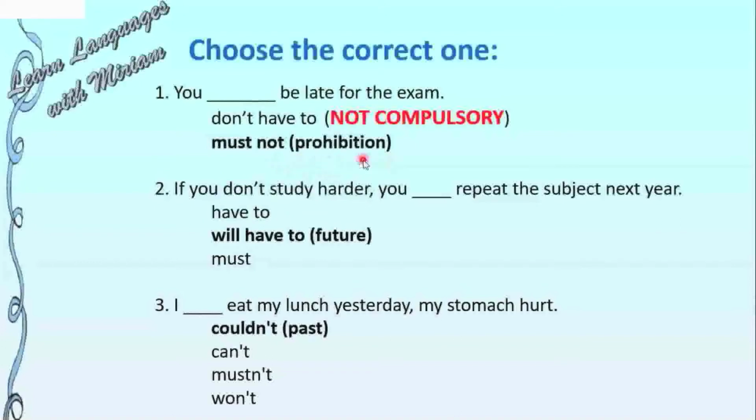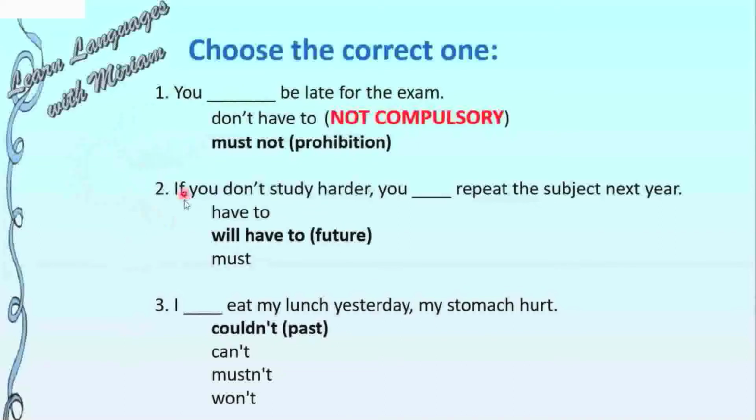So it's a prohibition to be late for the exam. So the correct one is must not. Why not don't have to? Because don't have to means that something is not compulsory. I cannot say it's not compulsory to be late for the exam. No, the correct one is you mustn't be late for the exam.